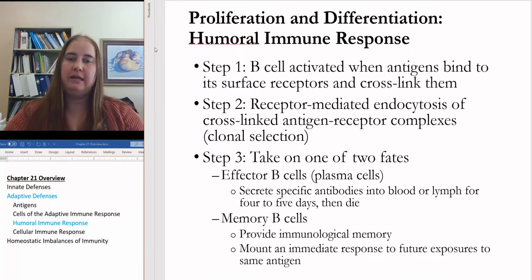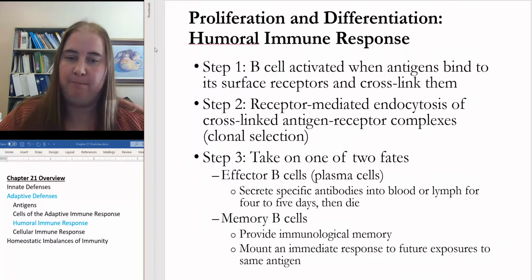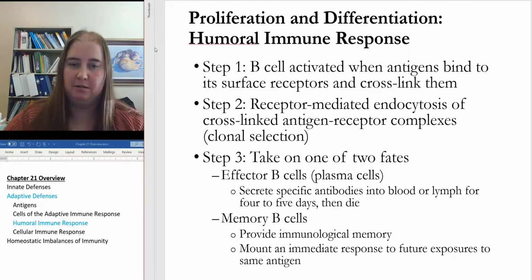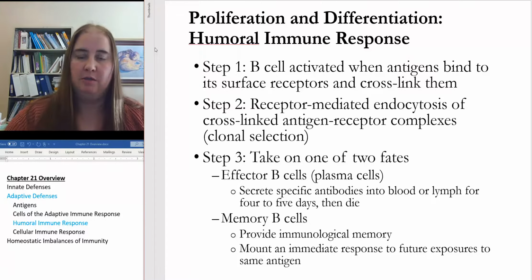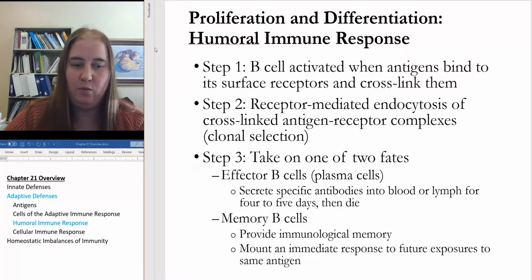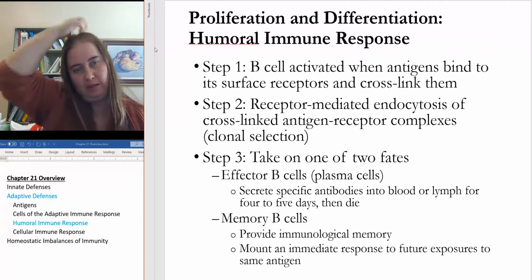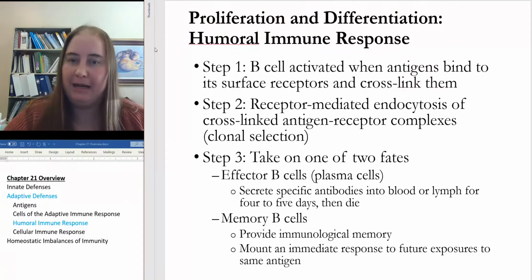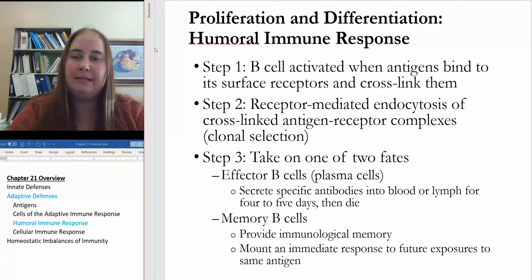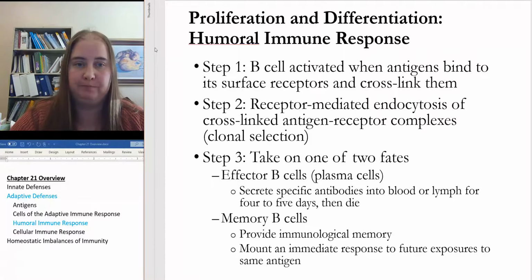So, essentially, again, we're going to talk about B cells first. When we essentially encounter that antigen, when we talk about activation, that naive cell will undergo proliferation and differentiation. And it's a stepwise process.